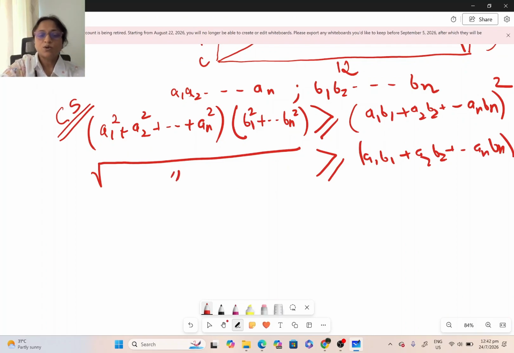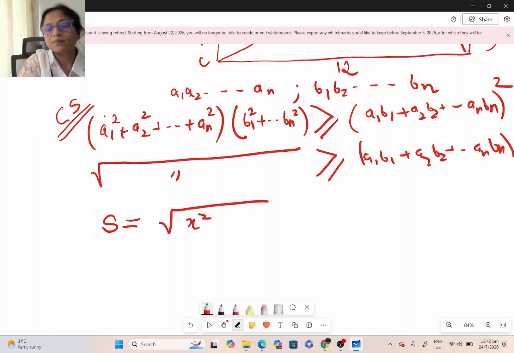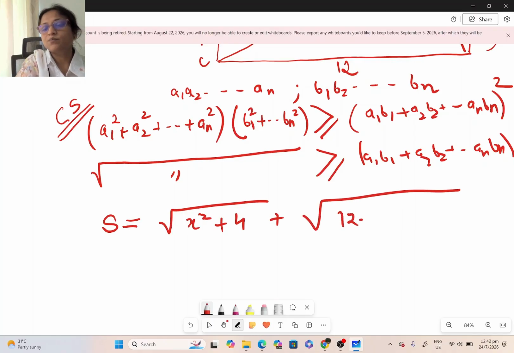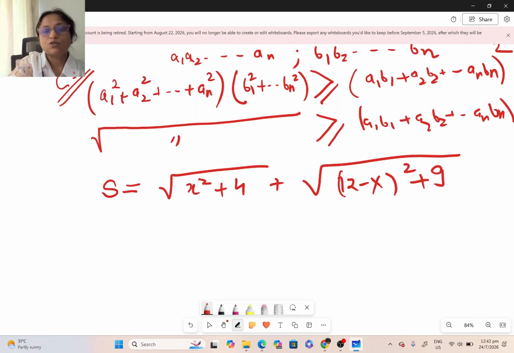So now if I look at my expression, what is my S? S was given as √(x² + 4) + √((12 − x)² + 9), I wrote it in completed square form. Now to use that, I need a multiplication of two numbers inside a root.